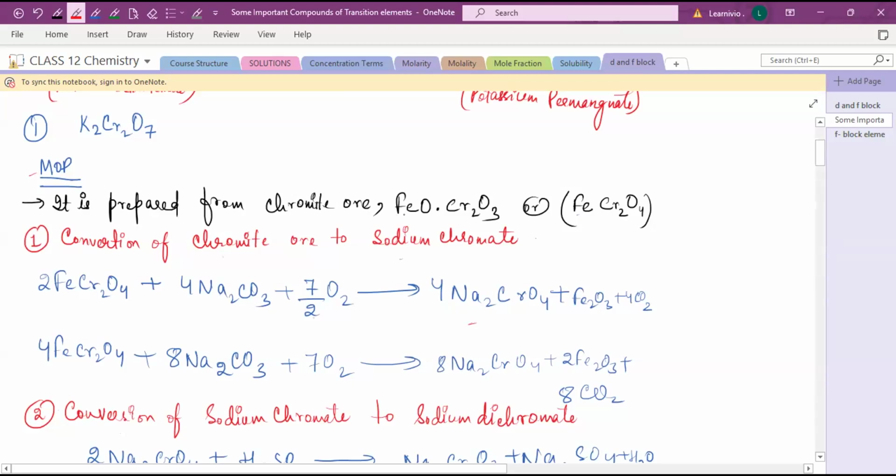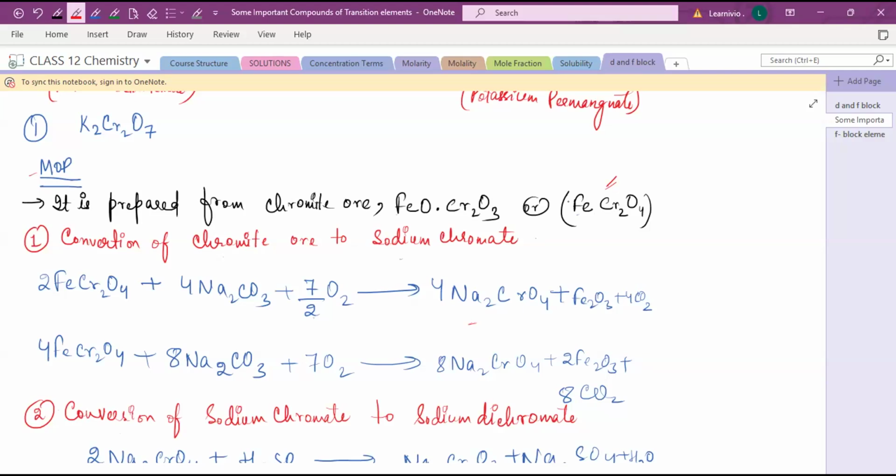Chromite ore is FeO.Cr2O3. When you combine this, you can write FeCr2O4. So this is your chromite ore, FeCr2O4.